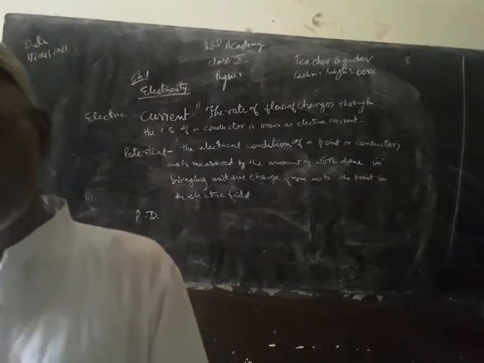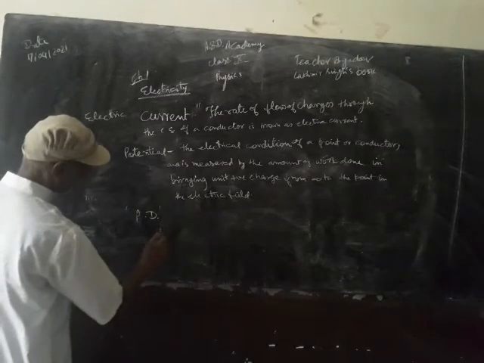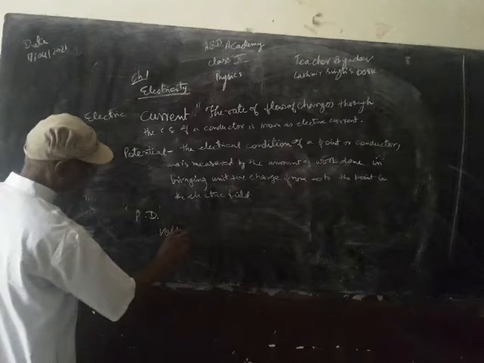It is given in your book, so try to understand. The unit of PD or potential is volt.